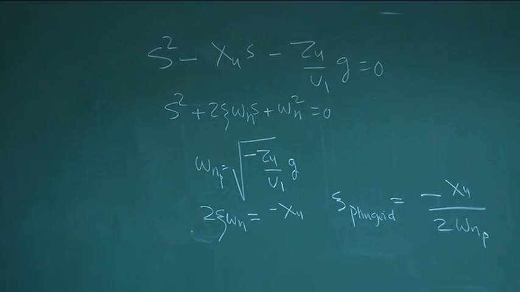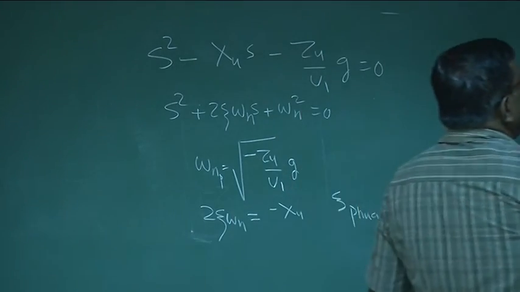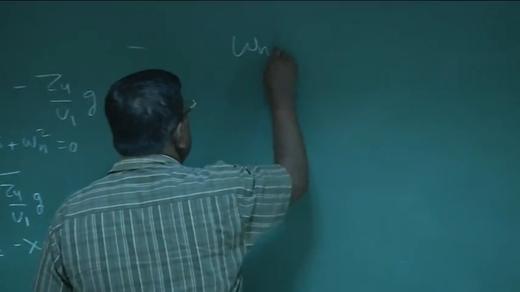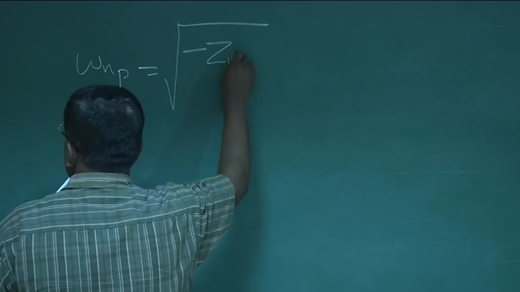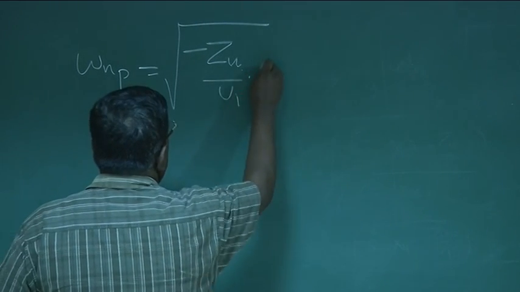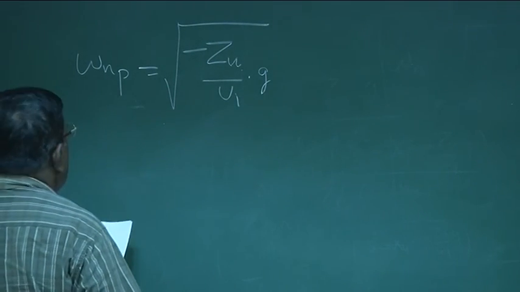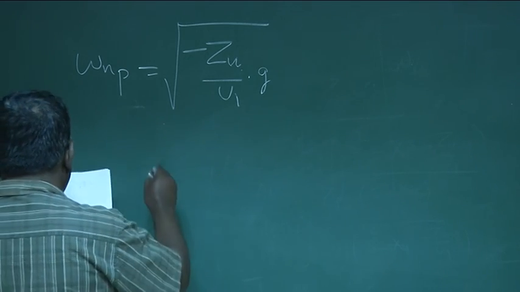Let us see omega n p. Take omega n Phugoid and try to extract meaning out of it. See that omega n Phugoid is the square root of minus ZU by U1 into G, right? And for ZU, you know the expression, so I'll put that.